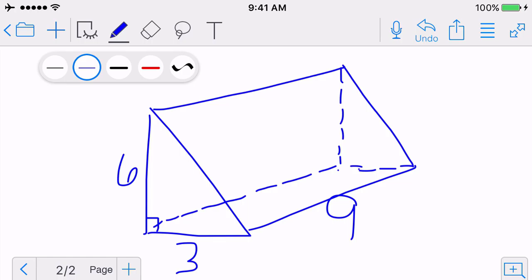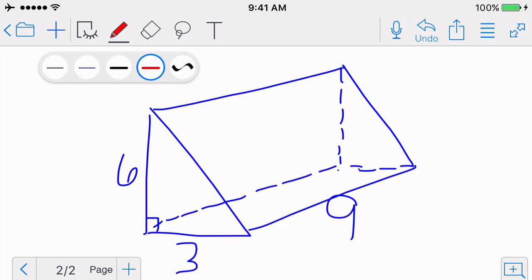So how are we going to find the surface area and the volume? Well, you can find the surface area by drawing the net again, or you don't have to draw the net, you can just find the area of each of the sides.